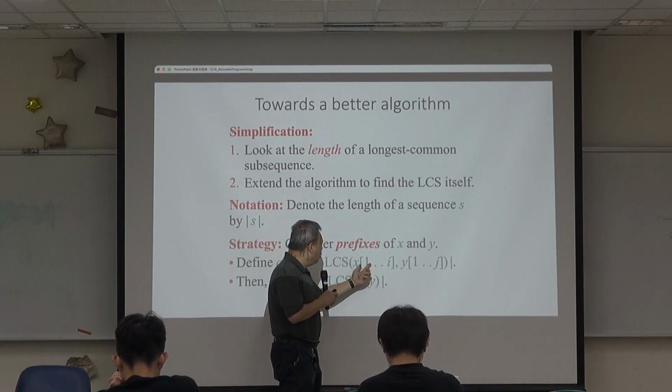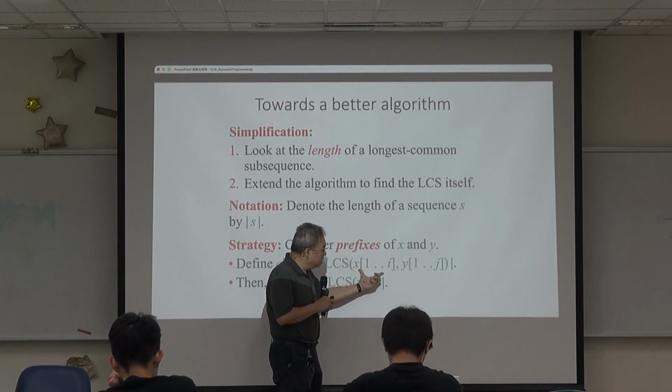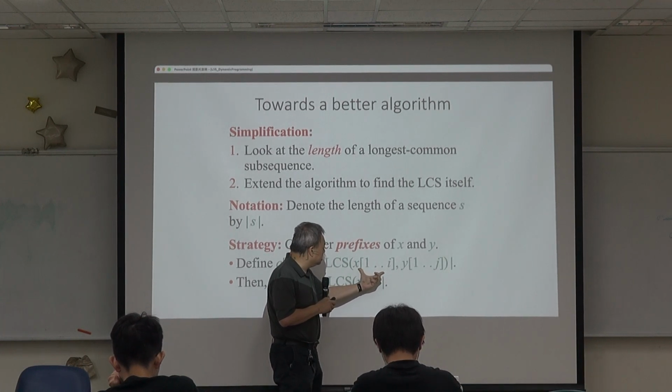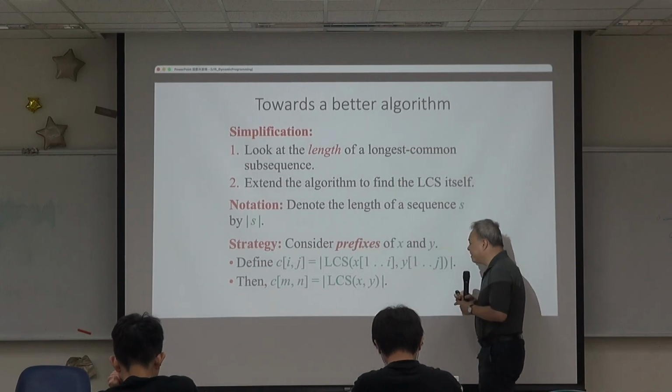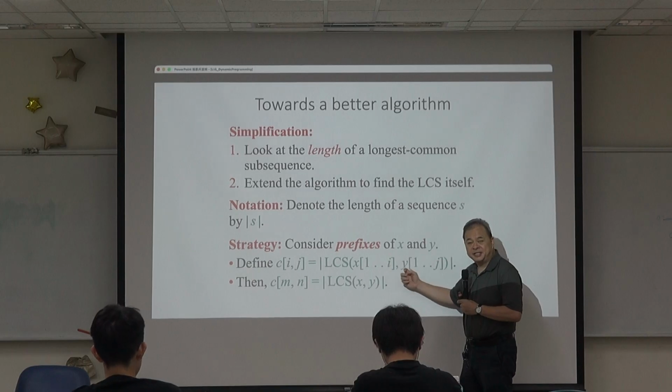So x1 to i is a prefix of x. The length of the prefix here is i, right? And here is the prefix of y. The length of this prefix of y is j, right?